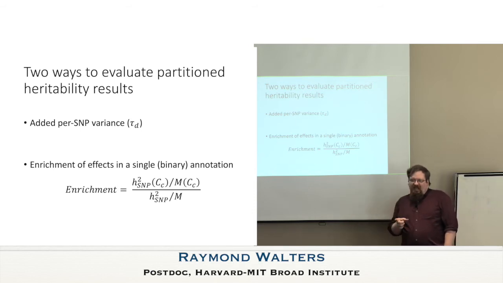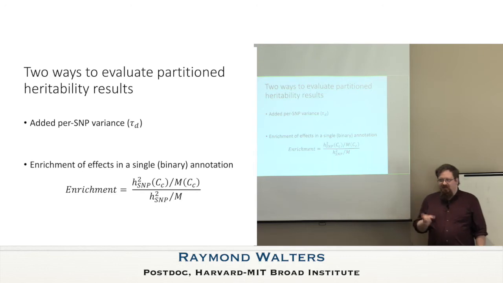But when we ask whether there is enrichment in the coding region, we really want to say: regardless of whether it's better explained by some transcription marks or whatever, just tell me overall, if I took the coding region versus the rest of the genome, how enriched for heritability is that coding section, regardless of what the model says about the taus that get you there.